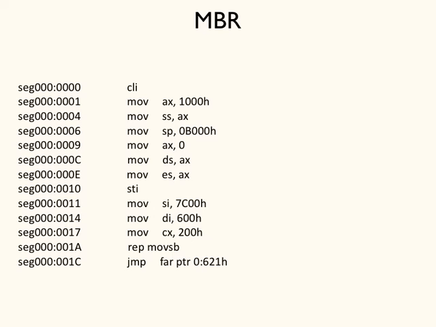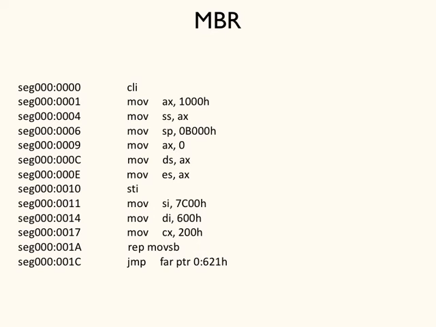Do you remember what that is? Yes, that's the size of the sector. So the CX is the counter. Then there is a repeat instruction, repeat move string. So this instruction will repeatedly move the bytes from source index to destination index.